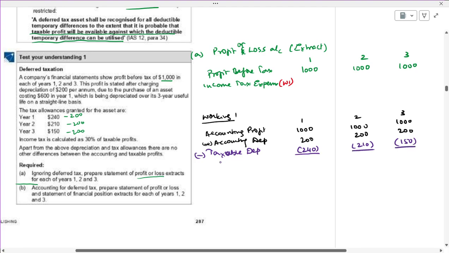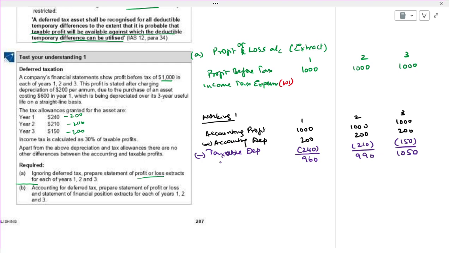How much will we get? 1200 minus 240 is 960. 1200 minus 210 comes to 990. 1200 minus 150 is 1050. Are you clear about this?